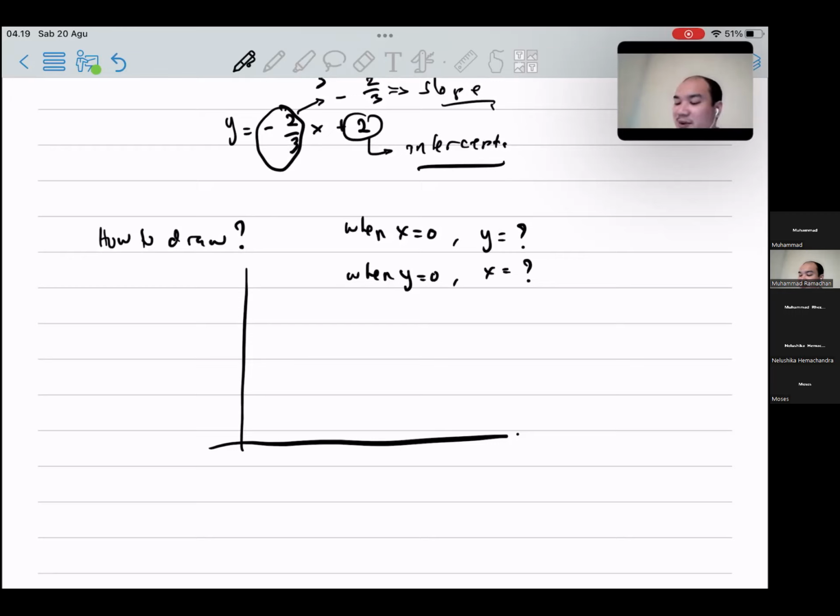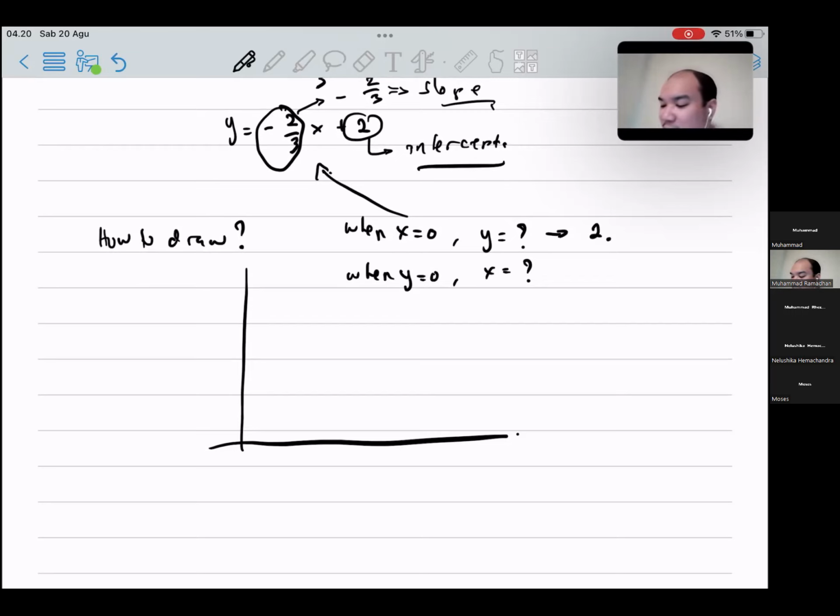For example, when x equal to 0, you put 0 into this: minus 2 over 3 multiplied by 0 is 0, plus 2. So when x equal to 0, y is 2.